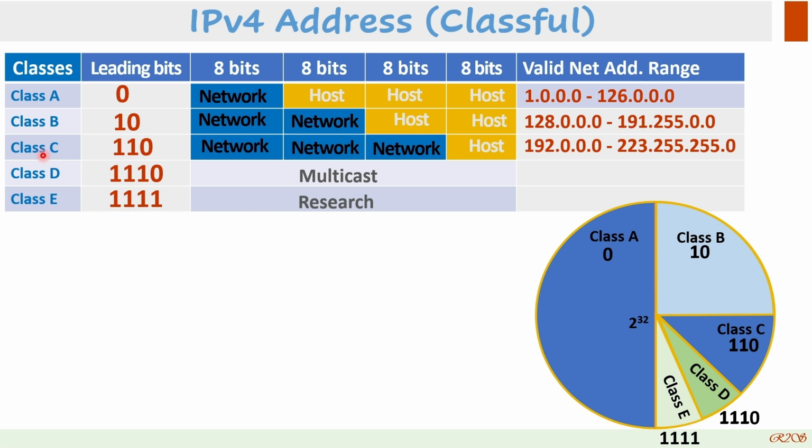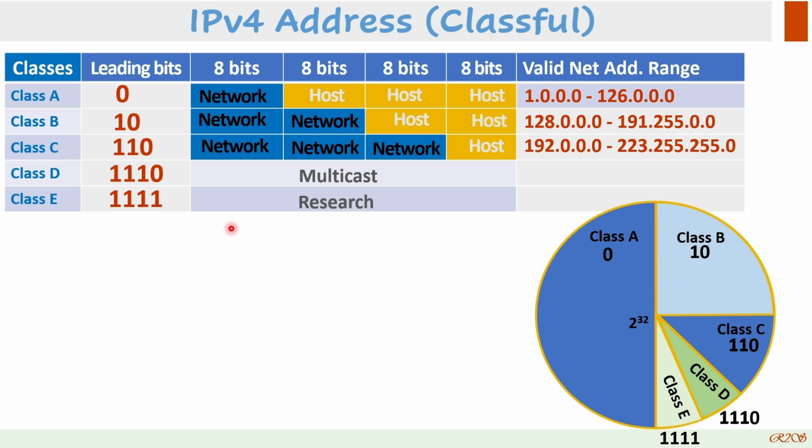So we got 2 more classes. Class D IP addresses are mostly used for multicasting, and class E IP addresses are mostly used for research purposes. So the key understanding is we have to have a clear idea on class A, class B, and class C.